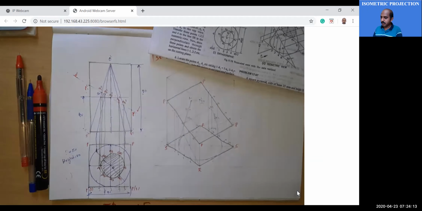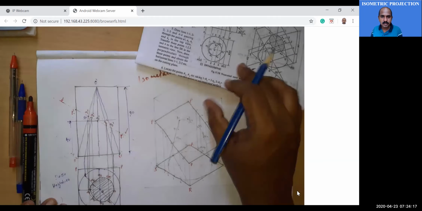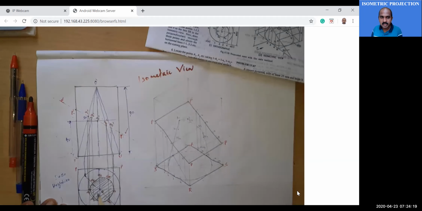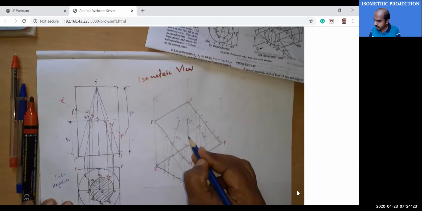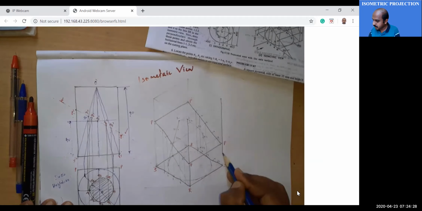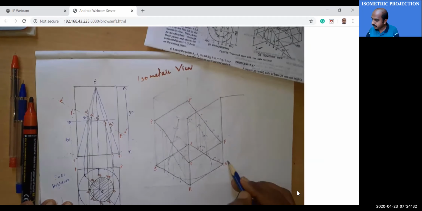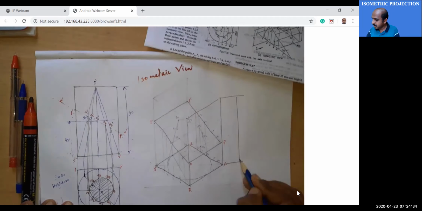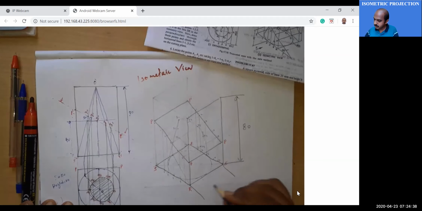Now we can complete the rectangular box. What is the height? The height is equal to 80. You can complete this rectangular box from each point. RS you can transfer. This height is equal to 80, and this dimension is equal to 50.